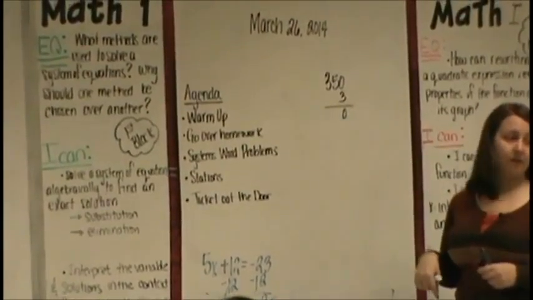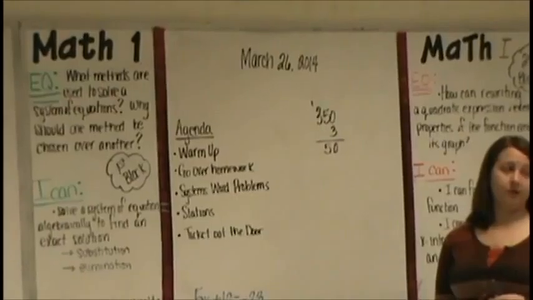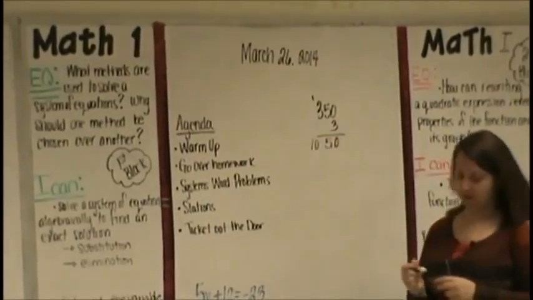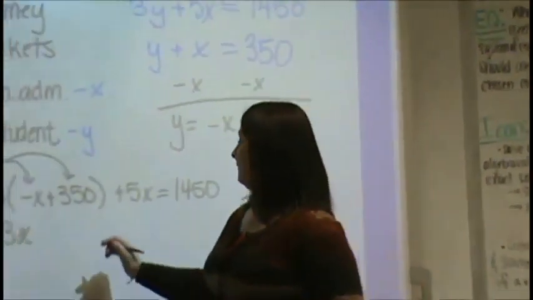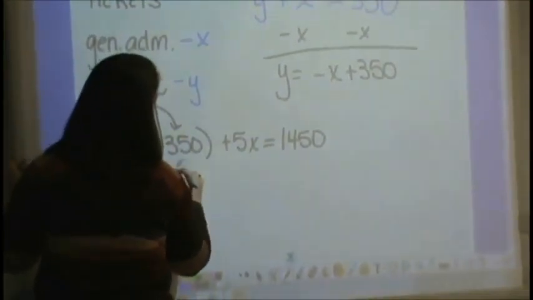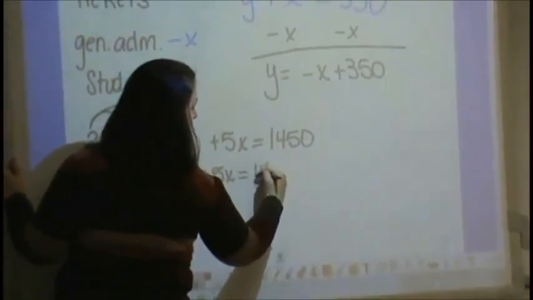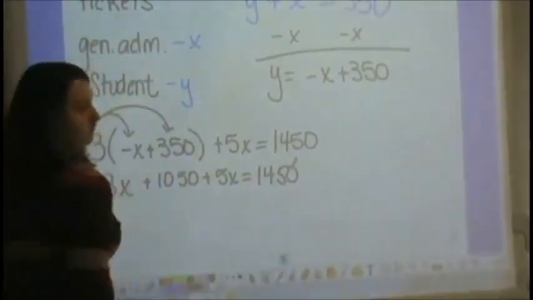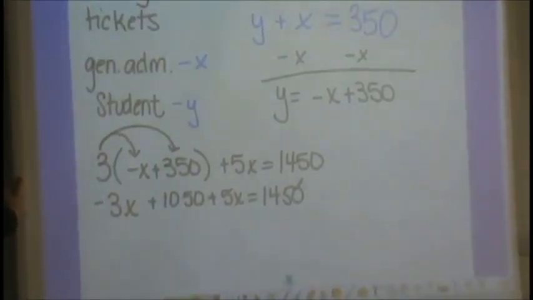What am I getting now? 5, carry the 1. 9, 10. So what's it equal to? 1050. Y'all have been given a calculator so long. We good to hear? Now what?